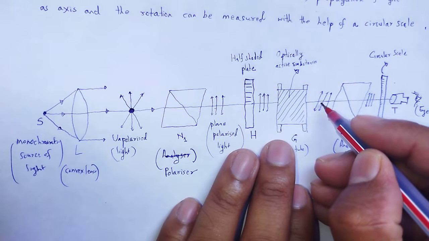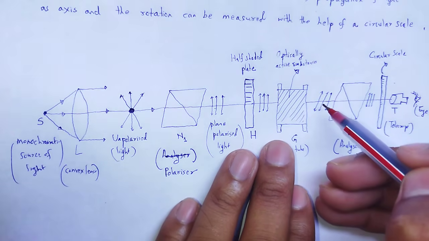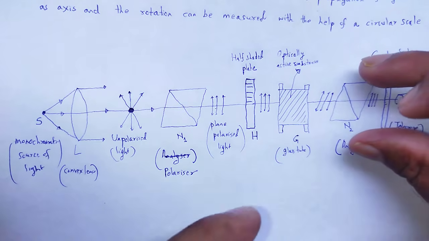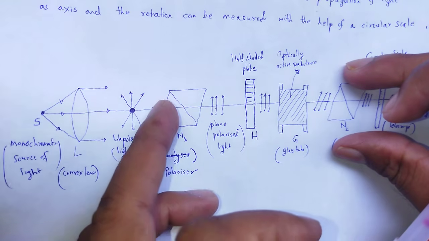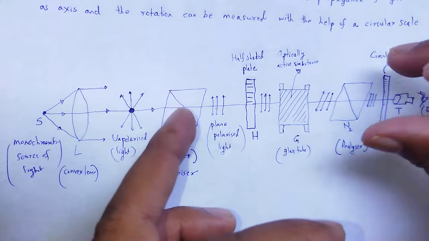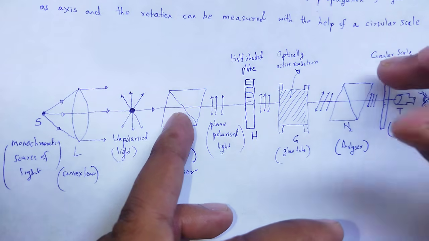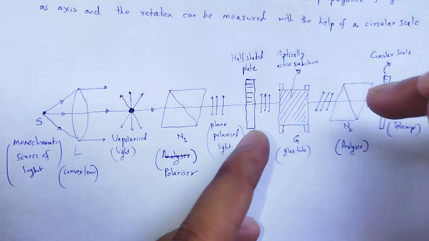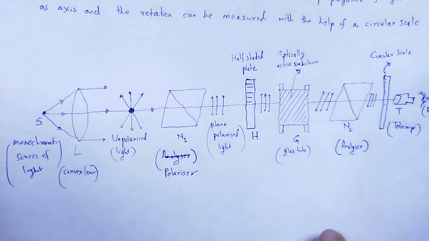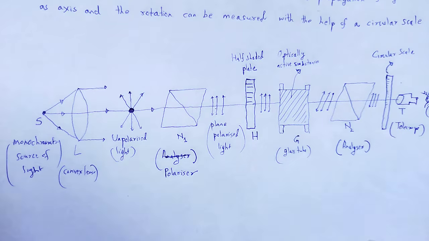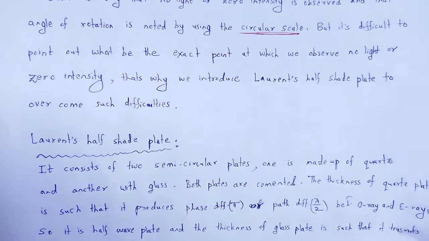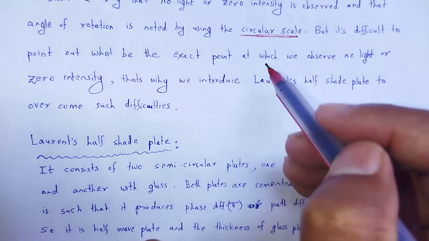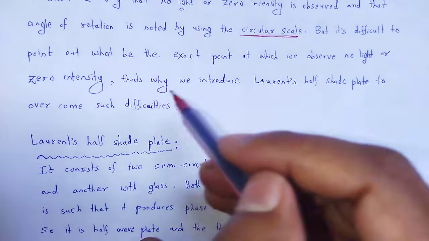The angle through which the light is rotated can be measured by using an analyzer. We set the analyzer to the polarizer in the crossed way, so that no light passes. Then the angle of rotation is measured, and that measurement is obtained from the circular scale. But it is difficult to point out the exact point at which we observe no light or zero intensity.